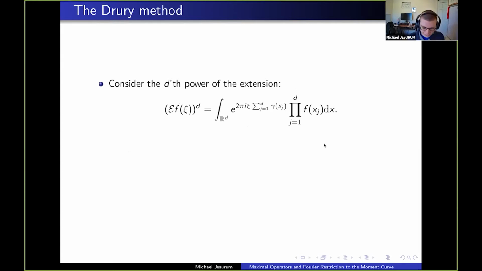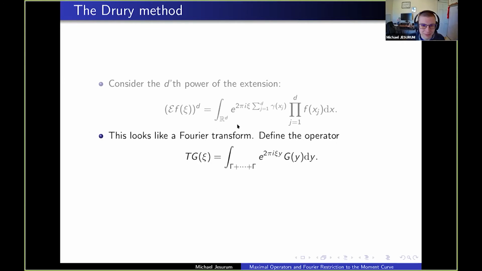And then the real meat of this proof comes in this slide and maybe the next one. We're going to look at the d-th power of the extension operator. And what this looks like, there's a lot going on here, but we see this exponential. And this sort of looks like a Fourier transform.